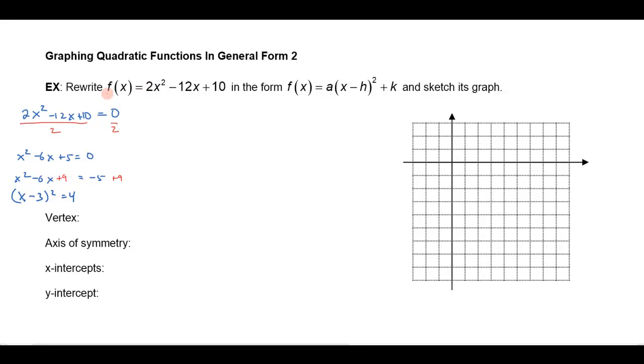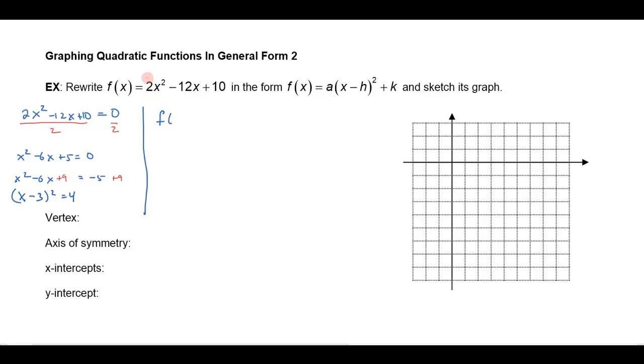Well, when I go to graph f of x equals 2x squared minus 12x plus 10, by rewriting this in vertex form by completing the square, obviously I can't just make the 2 completely go away, because this is going to make the graph be skinnier. So the way that I'm going to do this a little bit differently, remember, I have to keep everything on one side.